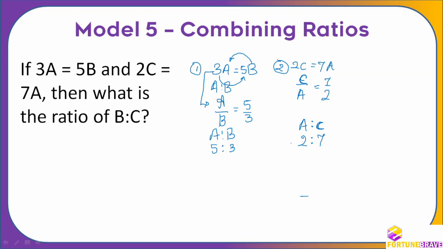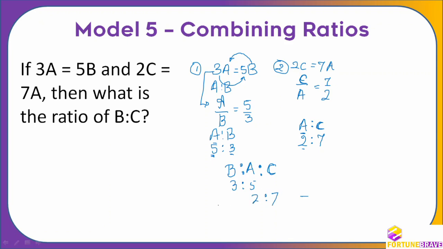But they are asking B is to C. Now if I see here, A value is different here and A value is different here, but it is common to both. So whatever we have done till now we will do. So I will take now in this case A in the middle, B is to A and A is to C. So B is to A I will write it properly, 3 is to 5 and here it is 2 is to 7.